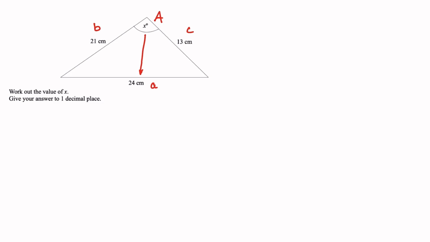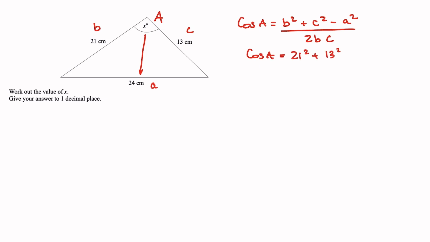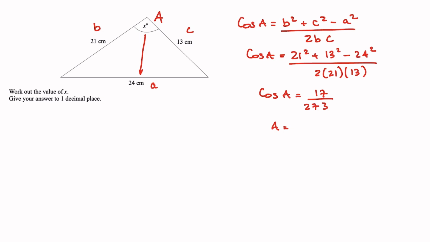So I'm going to go straight to the equation, which is cos A is equal to B squared plus C squared minus A squared all over 2BC. So cos A is equivalent to 21 squared plus 13 squared minus 24 squared all over 2 times 21 times 13. From there, I get cos A is equivalent to 17 over 273. If I want to find the value of A, we'll simply take the inverse of cos.